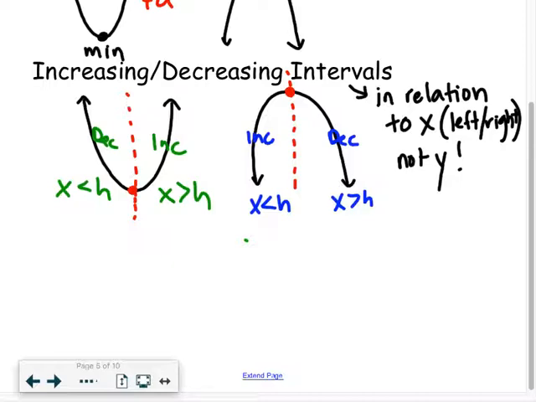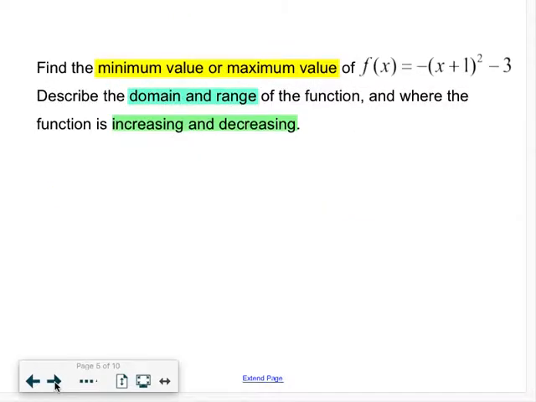Alright, so let's see that put to work in an example. We've got f of x equals negative, the quantity x plus 1 squared minus 3. And I'm going to do these three things without graphing. How? We're just going to think about it.